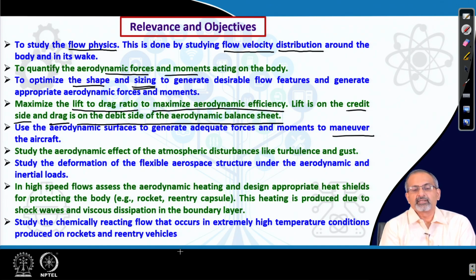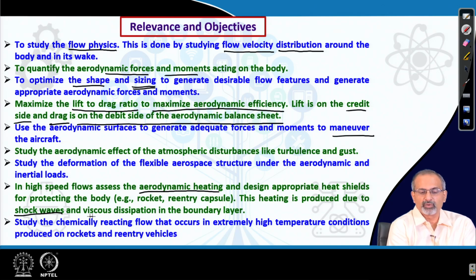You may like to study the aerodynamic effect of atmospheric disturbances like turbulence and gust, study the deformation of flexible aerospace structures under aerodynamic and inertial loads, and for very high speed configurations like rockets and re-entry modules or capsules, you will be interested to learn about aerodynamic heating and how you would like to design your heat shields to protect these bodies. These enormous heatings are produced due to the high velocities at which these vehicles travel.